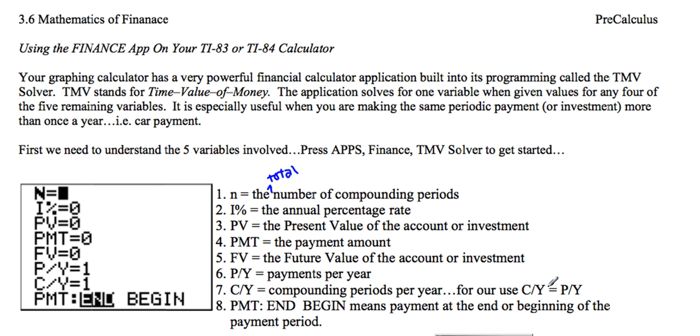For our purposes, C over Y and P over Y will be the same. And unless we're told otherwise, we're going to leave our payments at the end, as it should already be highlighted. We'll look at an example in just a minute of the only type of problem where we'll switch that to the beginning.